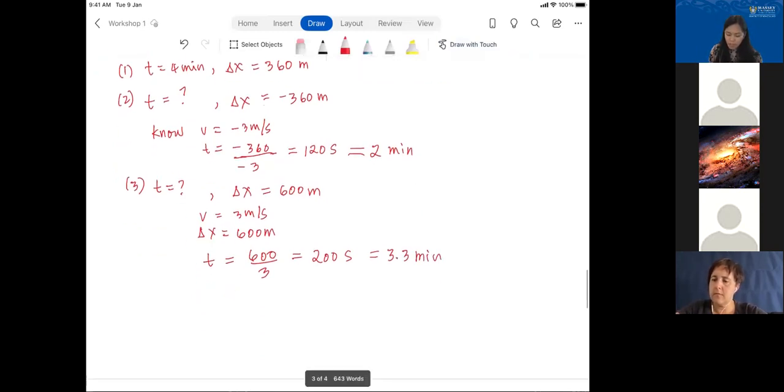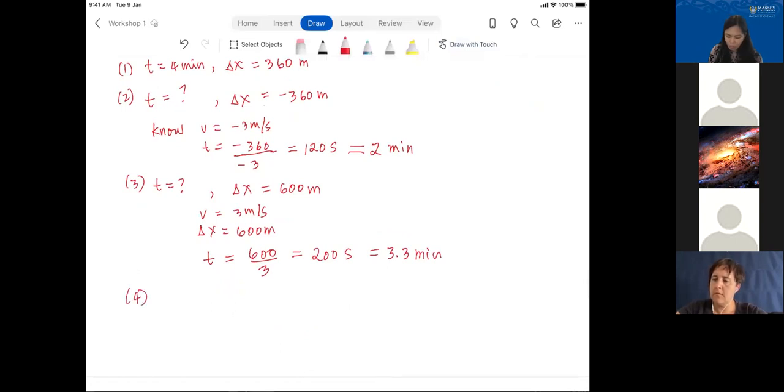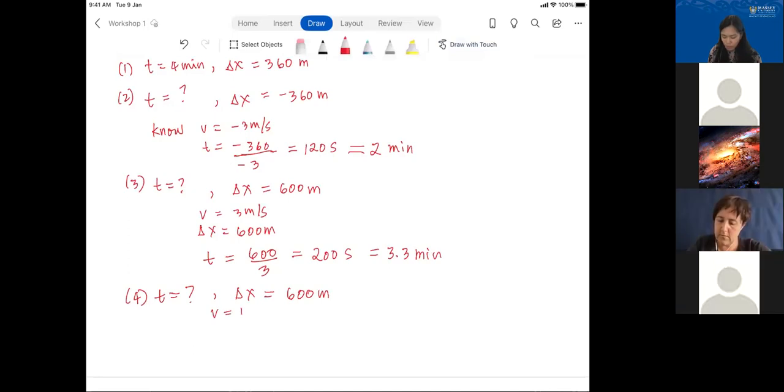And then finally, for the fourth segment, you again don't know how long it took you to reach your lecture theater, but you walked the rest of the way. That's a displacement of 600 meters relative to your starting point at segment 3 when you stopped jogging. You walked with a velocity of 1.5 meters per second towards the lecture theater, so that's positive, and your displacement is 600 meters.